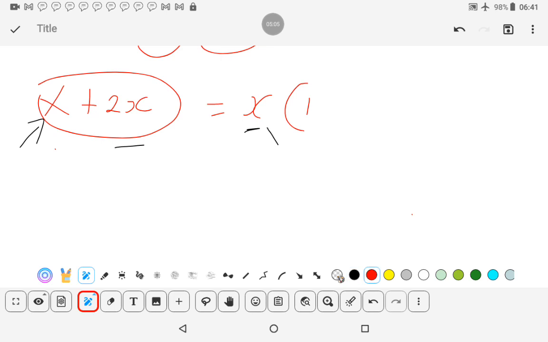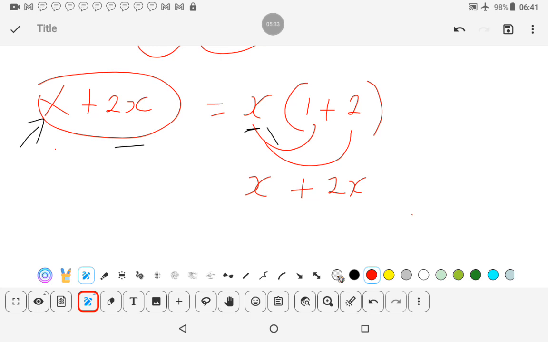So the number is 2. Take note of the sign in the middle there, which is plus. So this is the factorization of this particular expression, because x times 1 will give you x, and x times 2 will give you 2x. You can see it has returned the original expression given to you.